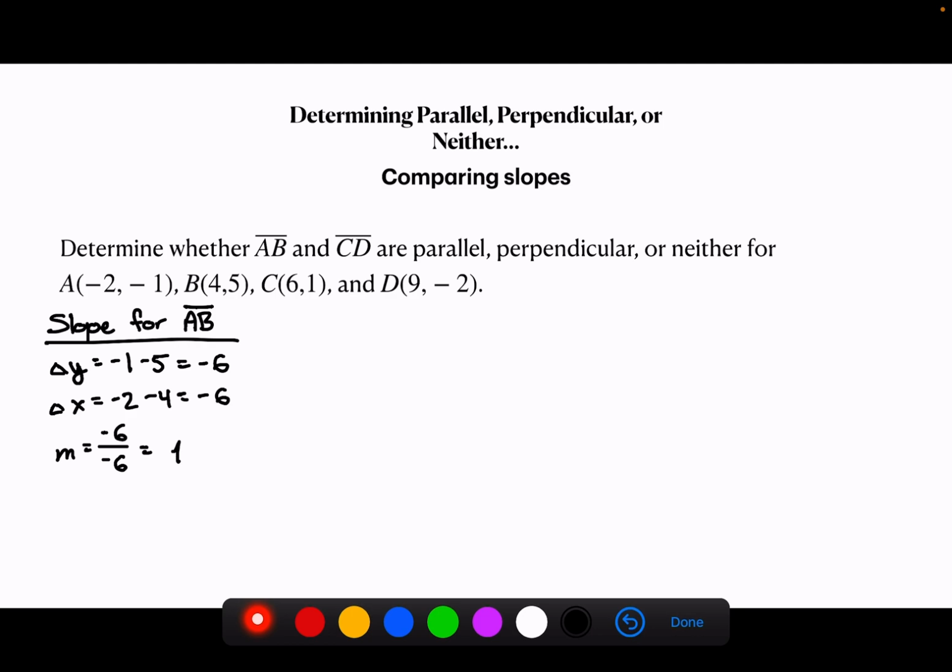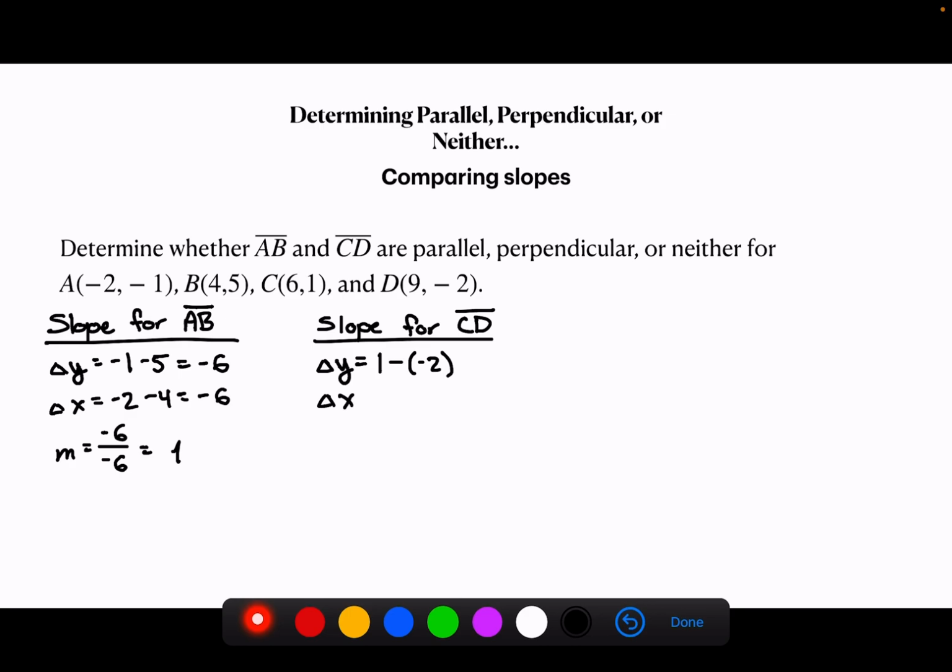Now let's do the same thing and find the slope for CD. The change in y from C to D is going to be 1 minus -2, which gives us 3.